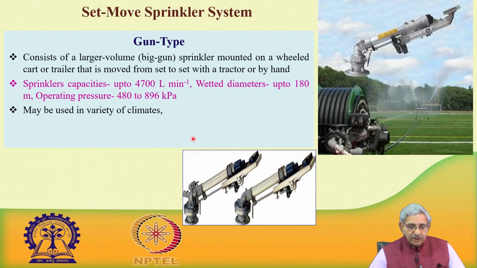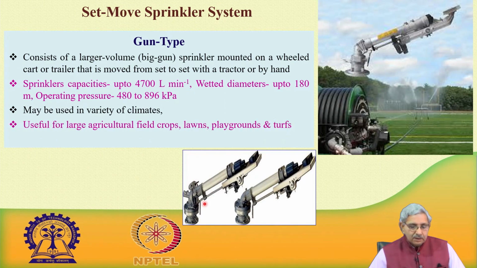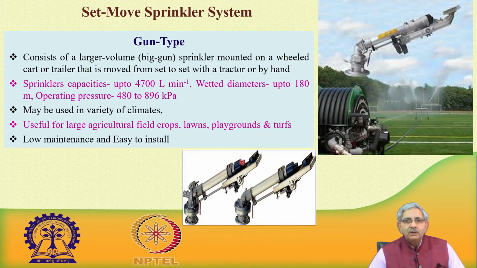They may be used in a variety of climates, and are useful for large agricultural fields, lawns, playgrounds and turfs. It is low maintenance and easy to install. The only thing is that such sprinklers do not have good uniformity of water distribution, but when we need to operate at one point of the field, so that the loss of the crop as well as the movement is not restricted, such systems are useful.